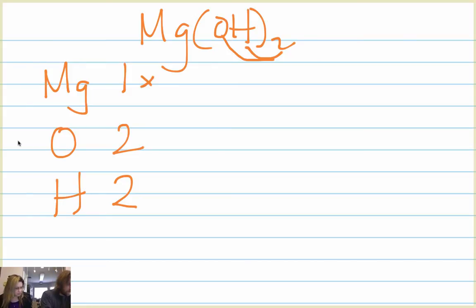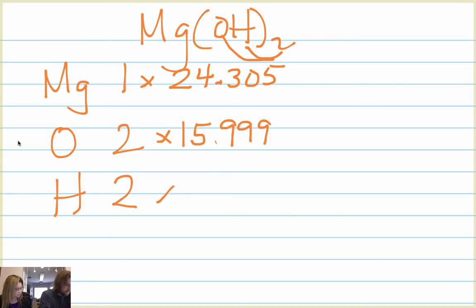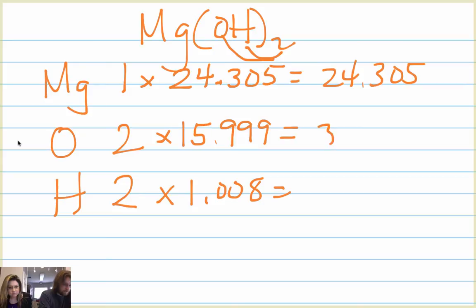So we're going to do molar mass first, basically. Let's find magnesium from the periodic table. We know it is 24.305 grams, and 2 times 15.999, 2 times 1.008 for the other elements. Now we're going to get what part they are of the total mass. So this is just like doing molar mass once again.